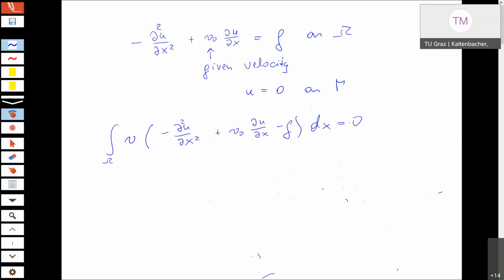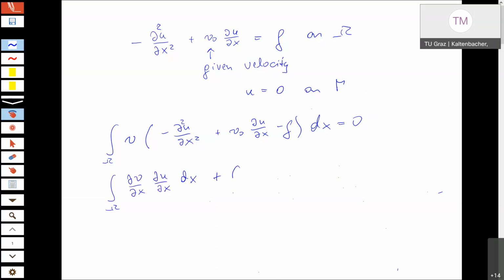And now you see that we can rewrite this as the integral of dv dx du dx dx. Let's say this is our first term. So we have used here the integration by parts. Since u is 0 on the boundary, the rest will be 0.